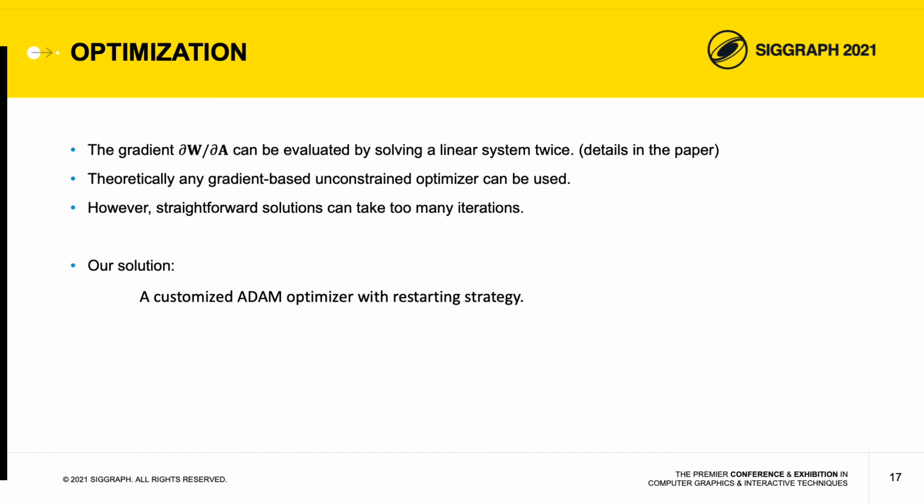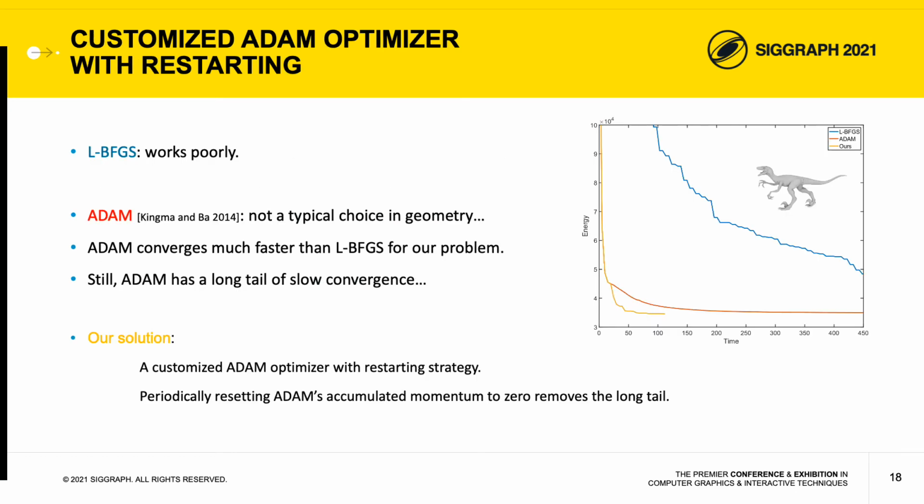However, straightforward solutions can take too many iterations. We propose a simple solution for this problem. The first thing one may try is LBFGS, which does not work well for this problem. It can take hundreds of iterations, as shown in the blue curve. We found that Adam solver, despite not being a typical choice in geometry processing, works pretty well for our problem.